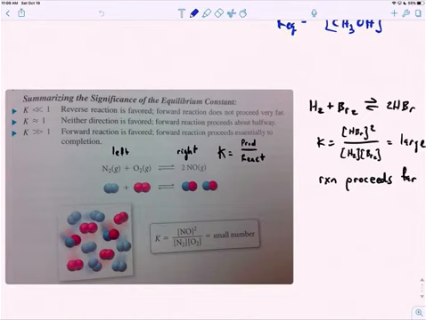If K is about 1, that means the reaction goes about halfway. Truth be told, if it's somewhere between, say, 1,000 and 1/1,000th, you will experience both reactants and products in reasonable amounts. Why is this important? Because then they're there, and they can react with other things.